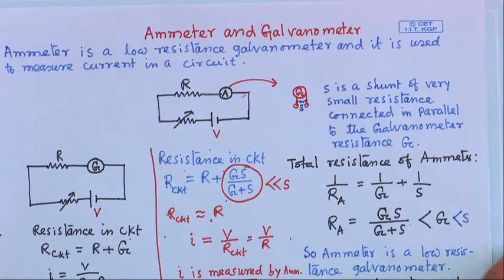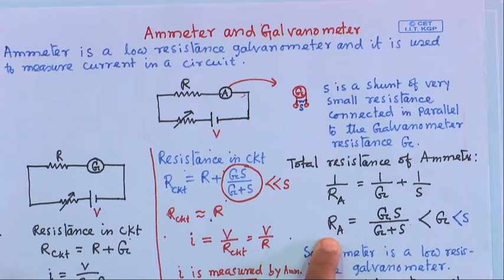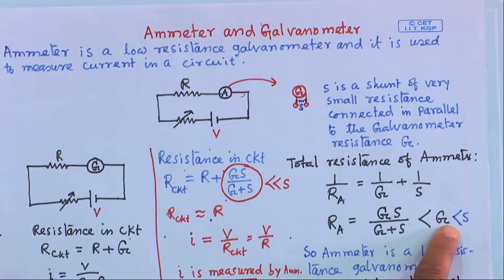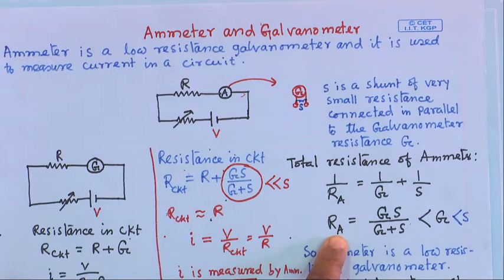So, the total resistance of the ammeter is even less than the shunt resistance, and the shunt resistance is lower than the galvanometer resistance. So, the resistance of the ammeter is very low compared to the resistance of the galvanometer.